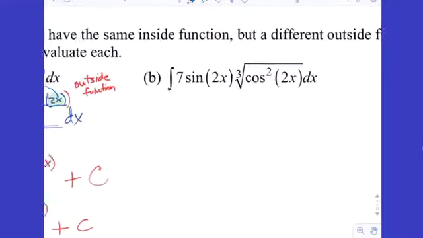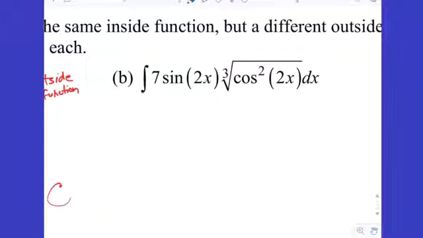All right, the next one, 7 sine of 2x, cube root of cosine squared of 2x. Yowza. Take 1 minute and do it yourself.